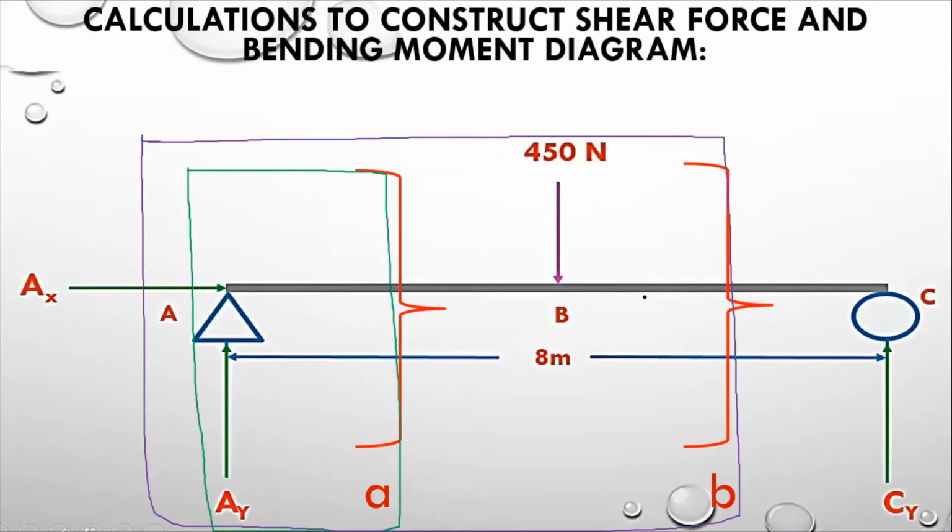So the first region will be region AB and the second region will be B to C, and the limit for the region AB is 0 to 4 meters, because A to B length is 4 meters. And what will be the length for BC?